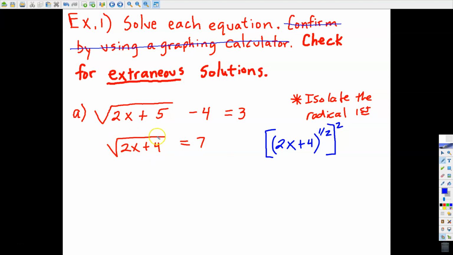So this is a good picture of the reason for my next step. Since this is a square root, or it's like raising this to the 1/2 power, the way I go about solving this is I raise it to the second. If I raise the left side to the second power, I must also raise the right. The effect of raising the left side to the second power is I get 2x plus 4, and on the right side, I get 49. Now it's a pretty simple Algebra 1-like equation.